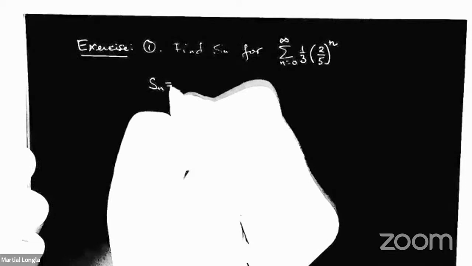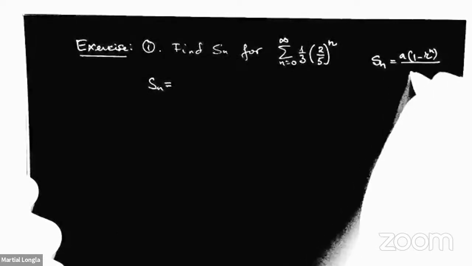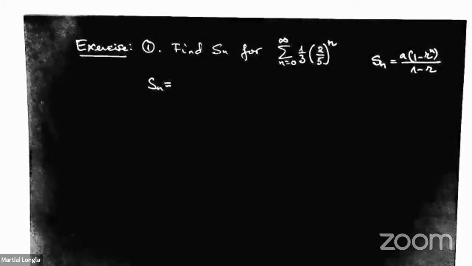So based on the formula that you have, we said Sn is a times (1 minus r to the power n) over (1 minus r). So what would Sn be in this case?